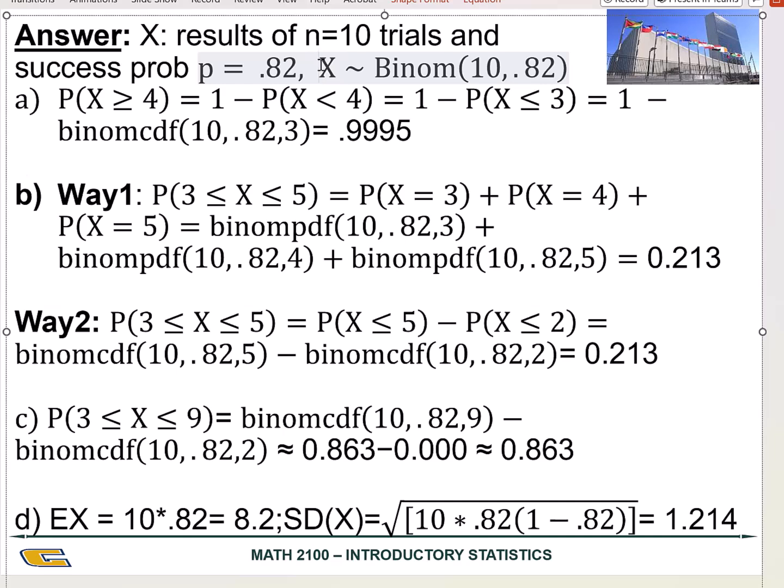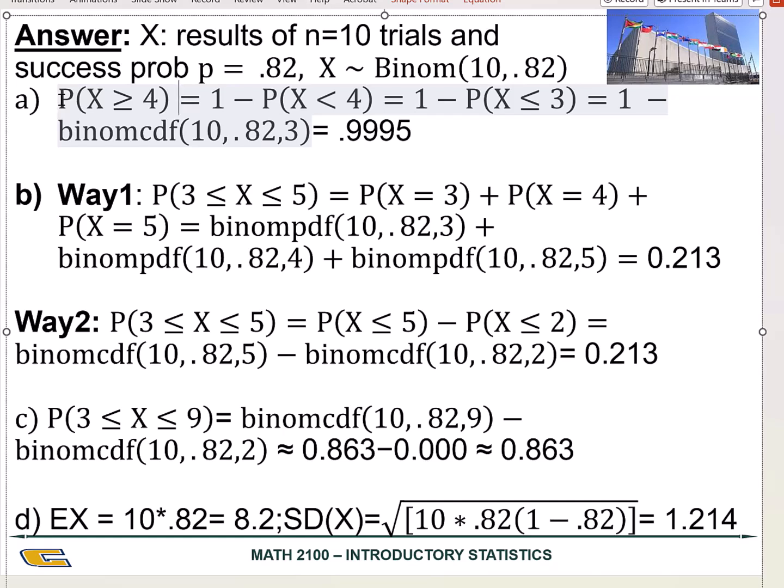So let's first talk about the probability that at least 4 people want UNH to remain here when you randomly survey 10 people. One way you can do that is: the probability X greater than or equal to 4 equals the probability X equals 4 plus the probability X equals 5 plus 6, 7, 8, 9, and 10.